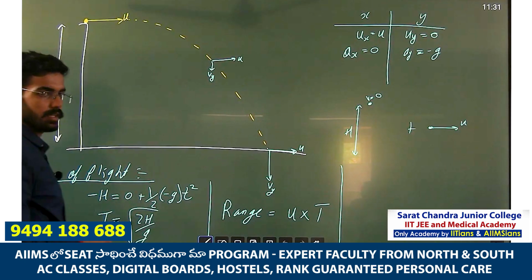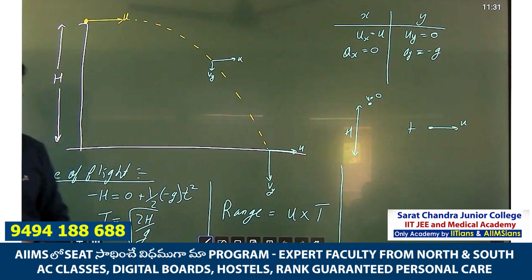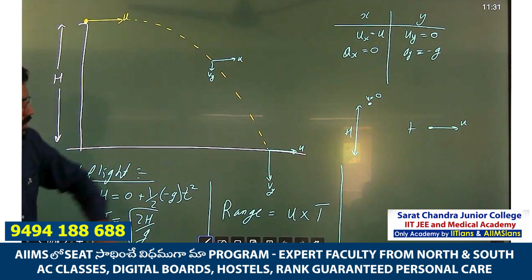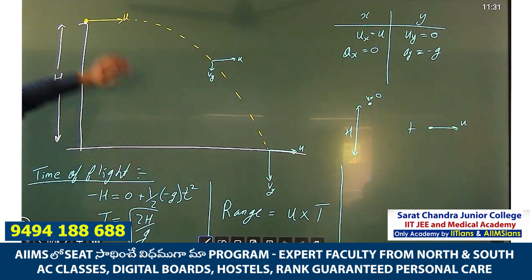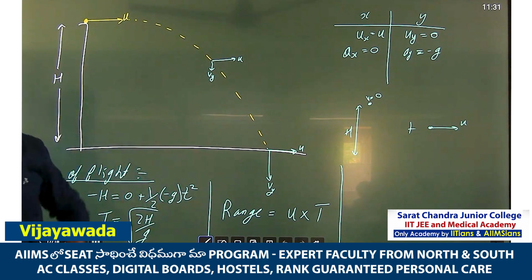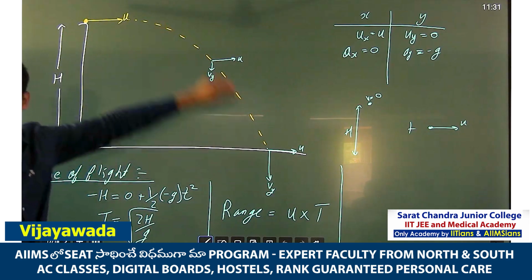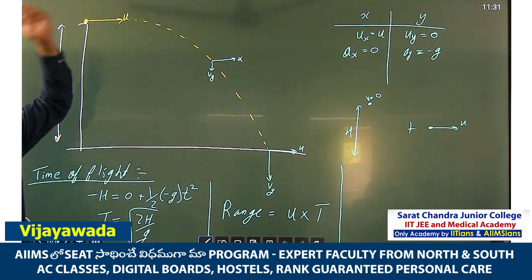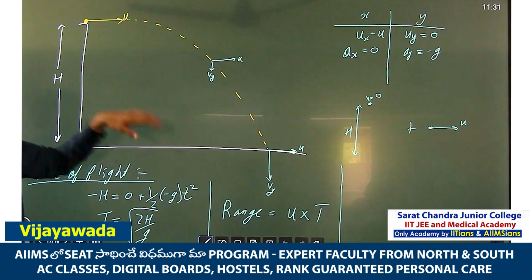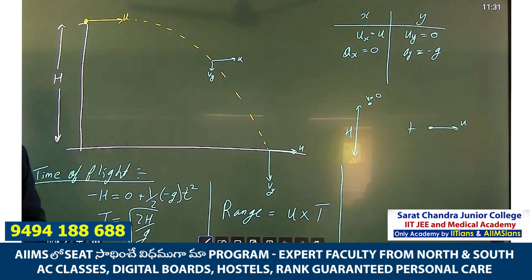See, in the vertical direction you are asking for the final velocity, right? Just don't listen, try to participate. In the vertical direction, between this point and this point, initial velocity is 0, final velocity you want, displacement you know, and acceleration you know. Which equation? Third equation.